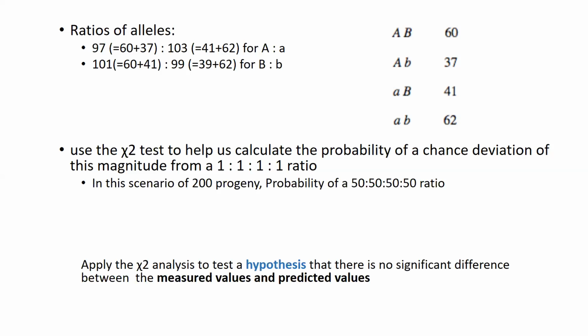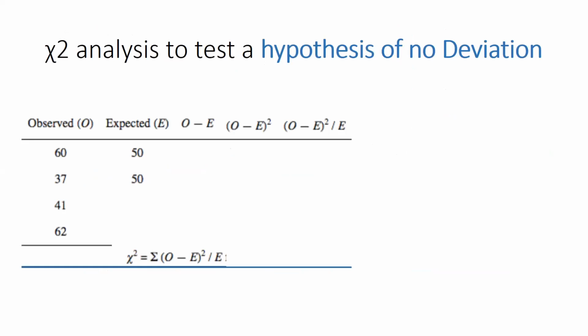So the chi-square analysis in this case is testing a hypothesis that there is no significant difference between the measured values and predicted values. So this is pretty much calculating them all out.